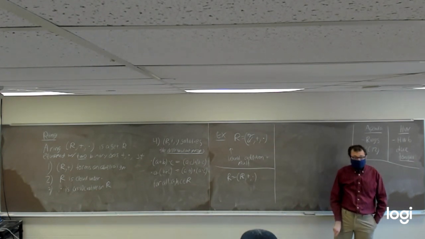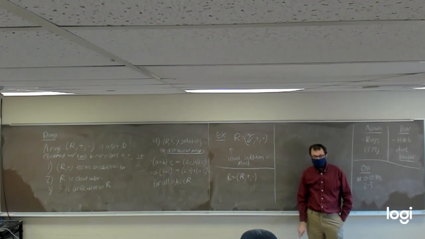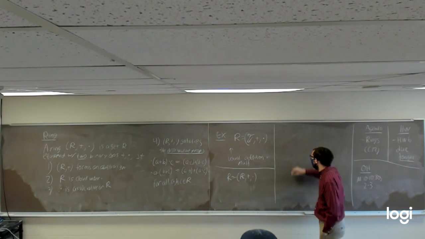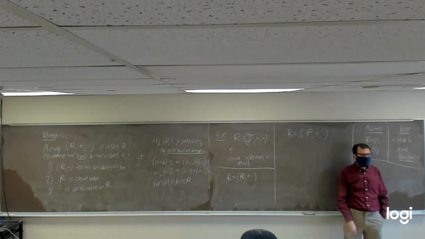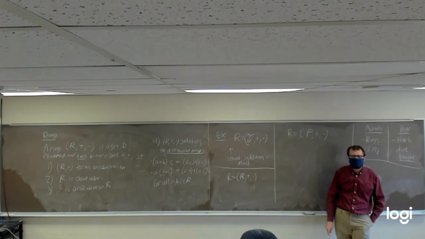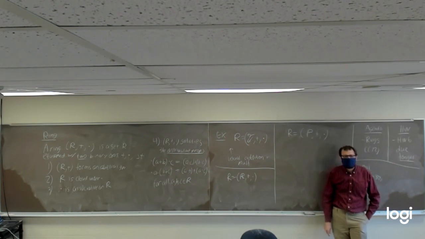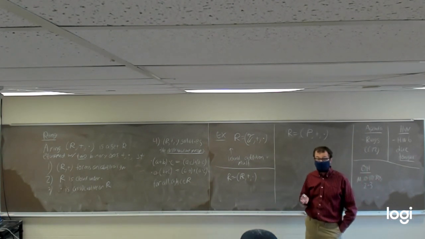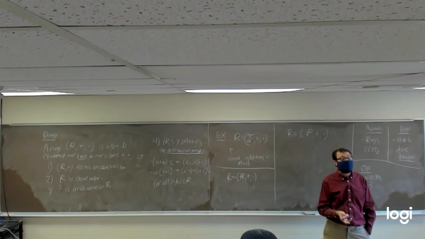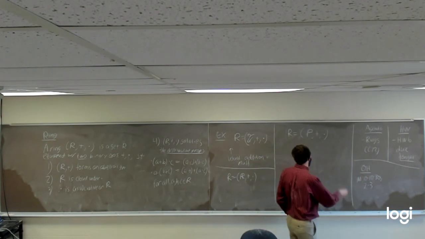So here's an example that maybe you're a little less comfortable with, but one that's shown up a couple times over the semester. Fancy looking P. Anybody remember what that is? What the fancy looking P stood for as a group? Yeah, the group of all real polynomials, or as we're going to be referring to it now, the ring of all real polynomials.